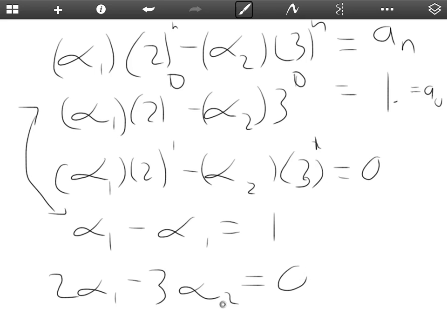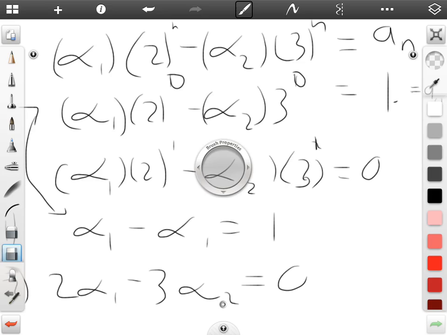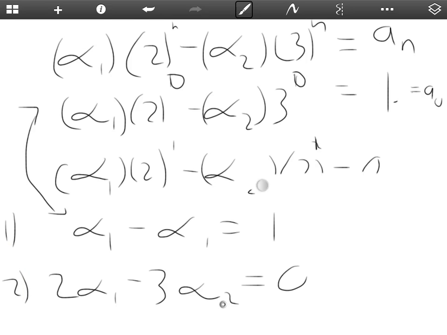And so let's do this the fast way. This is equation 1, and this is equation 2. Let's erase some stuff up here, because I still need to look at these equations.